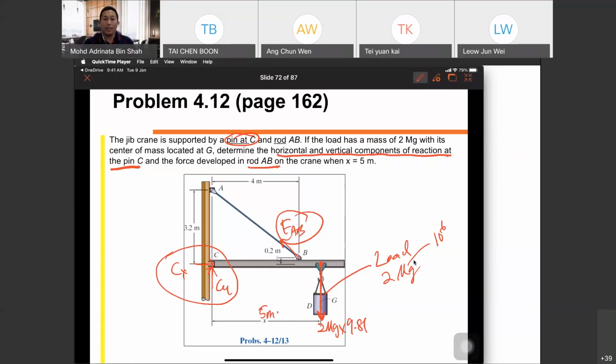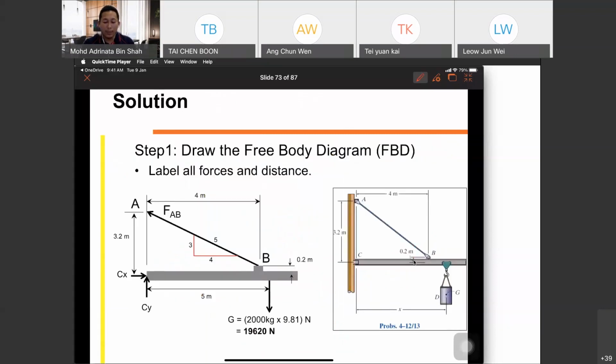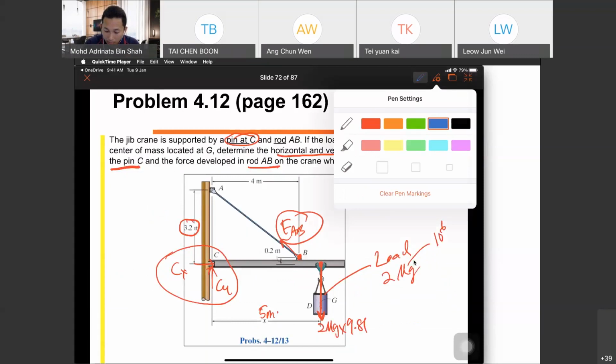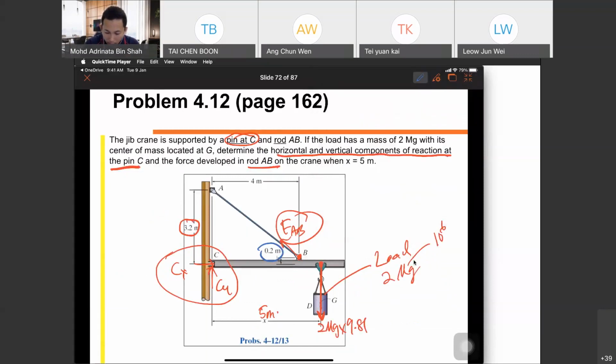Free body diagram. Number 1. For the free body diagram, we are given 3.2, and we need to subtract this line, so be careful. So 3.2 minus this line is 3.